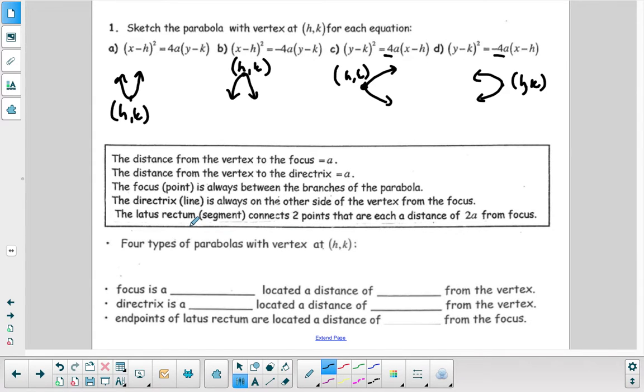There's some important stuff there. The distance from the vertex to the focus is a. The distance from the vertex to the directrix is also a. The focus is a point inside of the curve, so it would be here. And then the directrix is a line on the other side of it going kind of parallel with the graph.